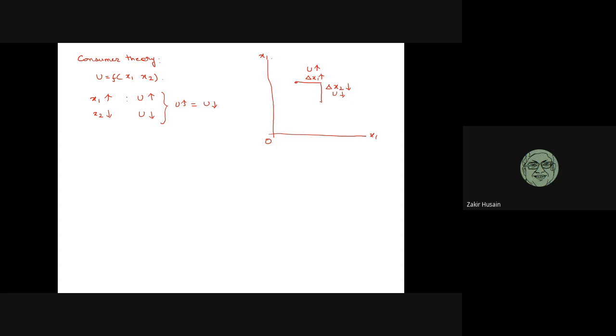So that means the utility levels at these two points, A and B, are going to be the same. So if I connect them, I'm going to get what is known as an indifference curve. It is represented as u bar of x1, x2. We are keeping u bar constant.